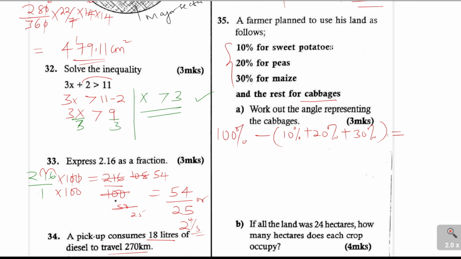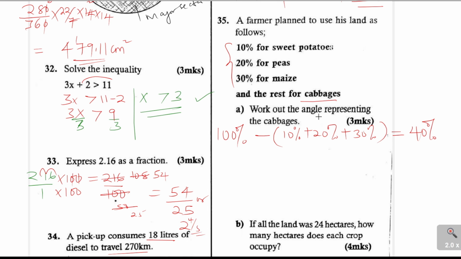When you take 10 plus 20 plus 30, that gives 60. Then to make 100%, cabbages will take 40%.